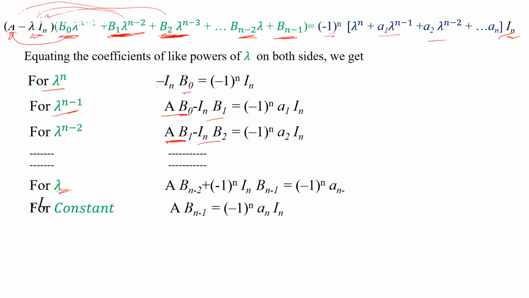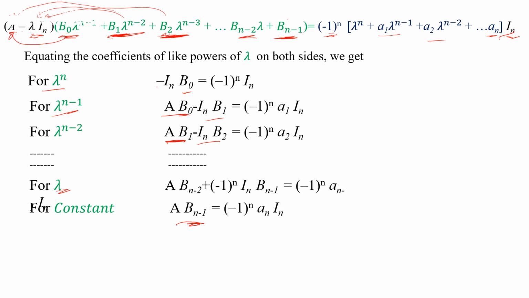On both sides, if we evaluate the constant, when that B(n-1) is multiplied with A, we get A B(n-1) on the left hand side, and on the right hand side we get A(n-1) (-1)^n I.